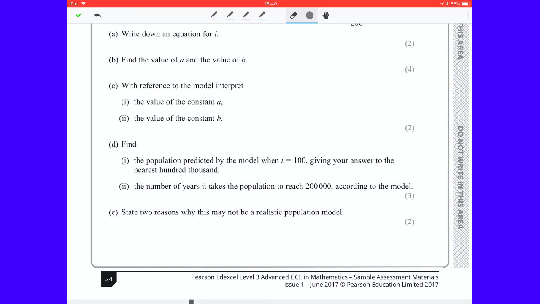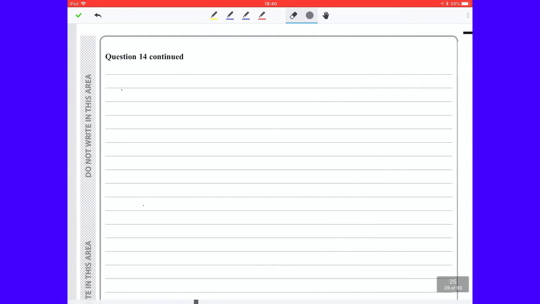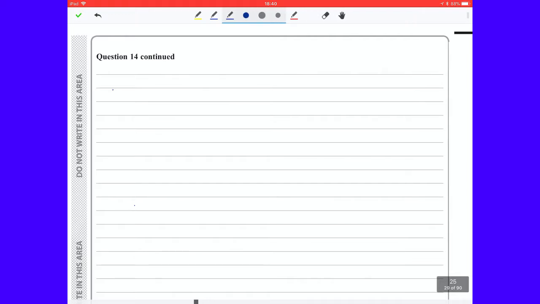Part D. Find the population predicted by the model when T is 100, giving your answer to the nearest 100,000. Well, we have the relationship P is equal to 100,000 multiplied by 1.0116 to the power T. So when T is equal to 100, P is equal to 100,000 multiplied by 1.0116 to the power 100.